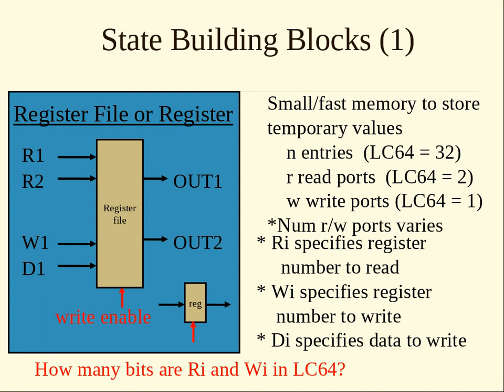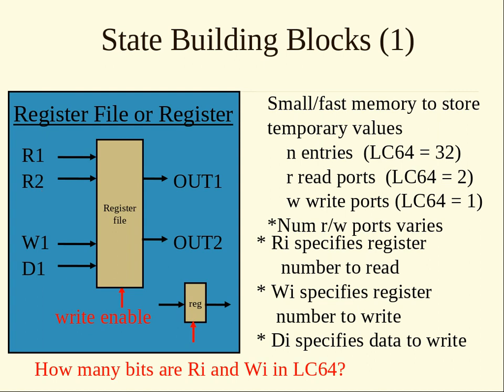In other words, we need to have two read ports and one write port. What does that mean? Well, inside of a register file, we want to be able to read from 2 registers. Haven't talked about why that's the case yet. We want to be able to read 2 registers and output the contents of those registers. So if read 1 was 2 and read 2 was 4, then it would go into your register file, get the contents of those registers, and output it from out 1, out 2.